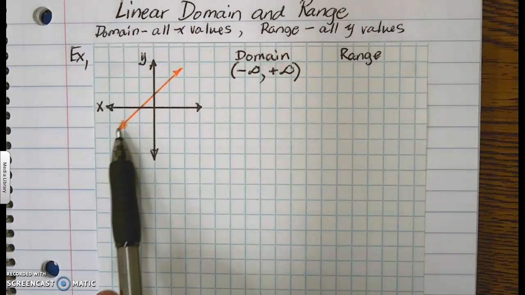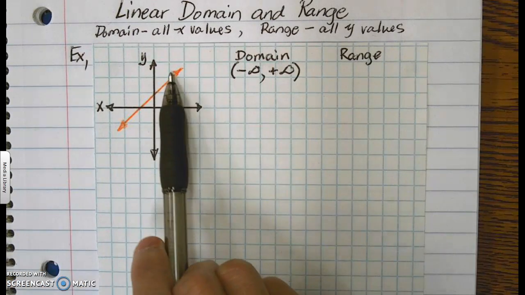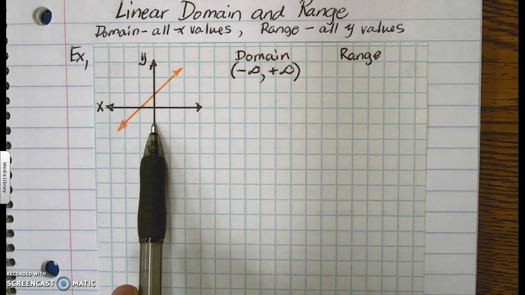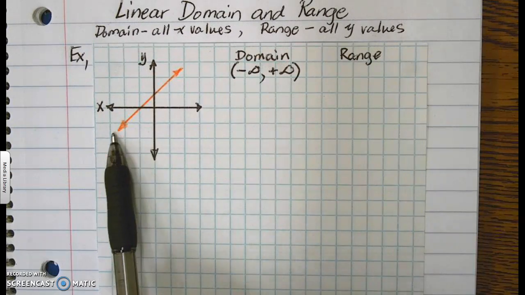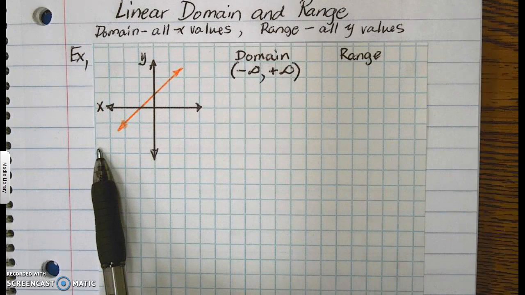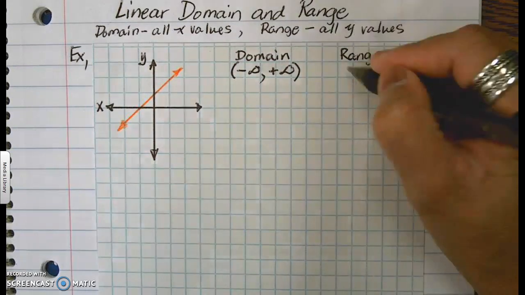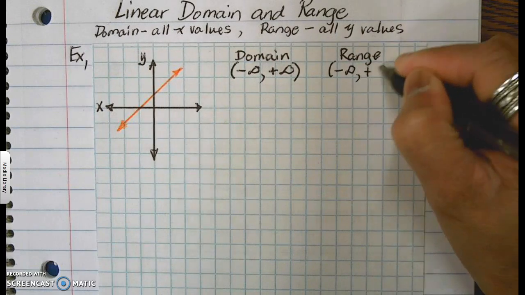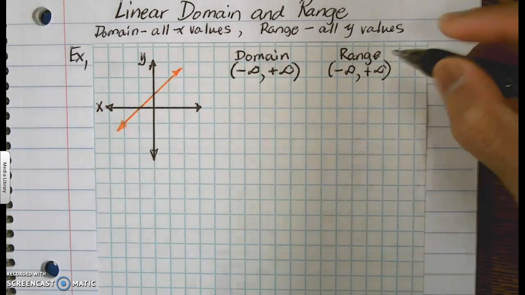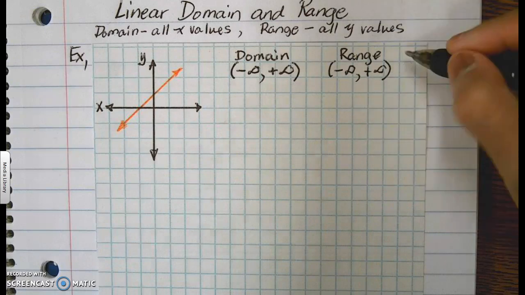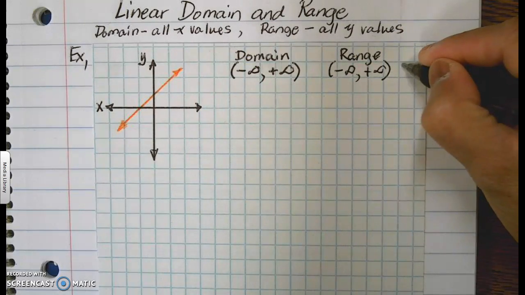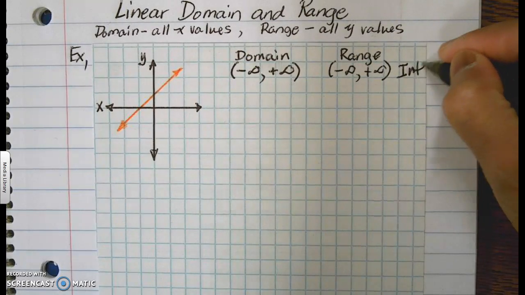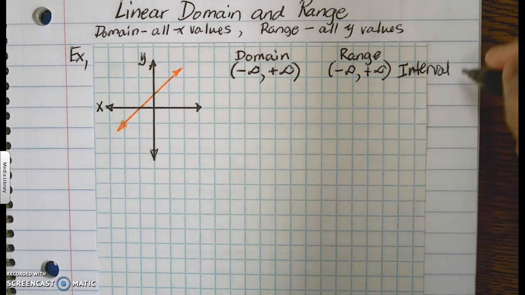However, because of the arrow and the arrow, we cannot say that it starts at -1 because it will go down and move towards infinity. Therefore, your range will also be -infinity up to +infinity, and this is the notation that we're going to be using if we want it to be the interval notation. So this is called interval notation.